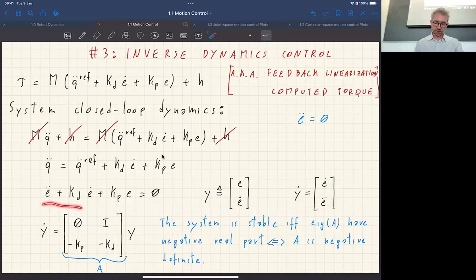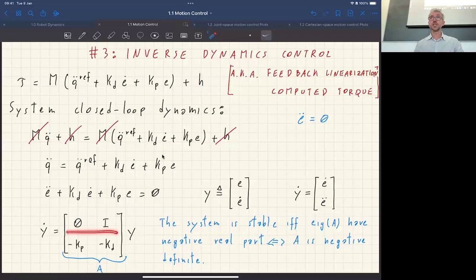And so now I can write the dynamics in terms of Y. And the dynamics takes the following form: Y dot, which is nothing more than E dot and E double dot, is equal to a linear expression of Y. So the linear expression is defined by this matrix A.